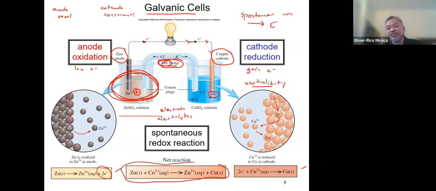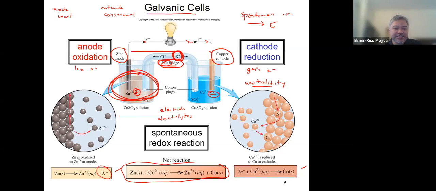Now, as you could see, this is a negative charge, right? Because the electrons are gained here. So look at the cation in the salt bridge. The cation in the salt bridge goes here. So if the positive charge goes here and this is a negative charge, that means the neutrality is observed.